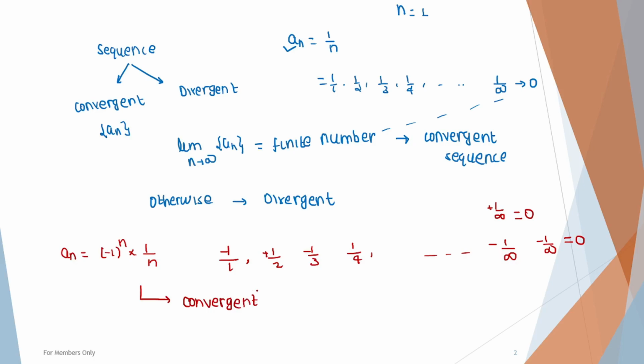Let me add one slide more here. Now we will look at a divergent sequence. Let us suppose any sequence an is given by (-1) to the power n, only (-1) to the power n.